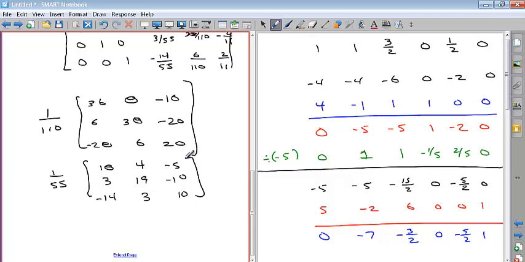Okay, I think I've done it. I'm very proud of myself. Okay, so that's the inverse.